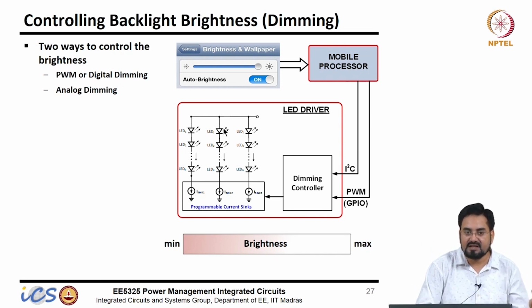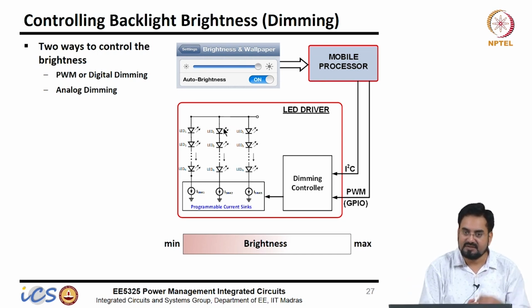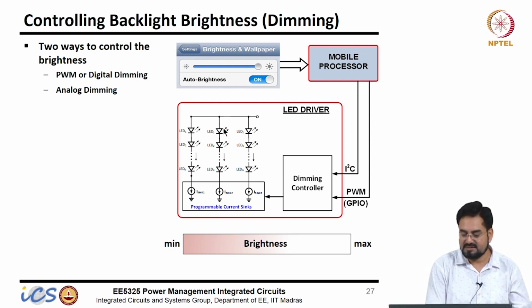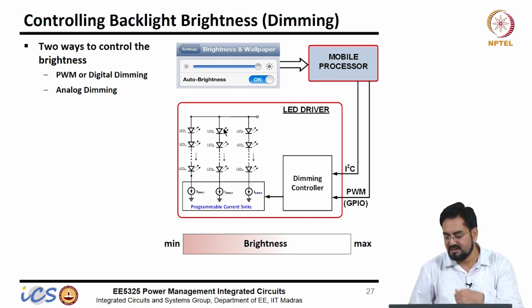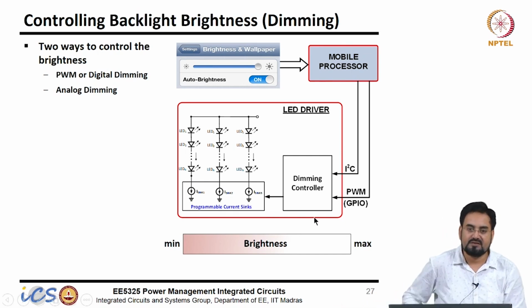If you are sitting in a dark room, even with lower brightness you can see everything, so it will reduce the brightness. That is how your adaptive brightness works. The ambient light sensor will send the command to your processor, and the processor will in turn do the same thing. It will control the brightness. Okay.